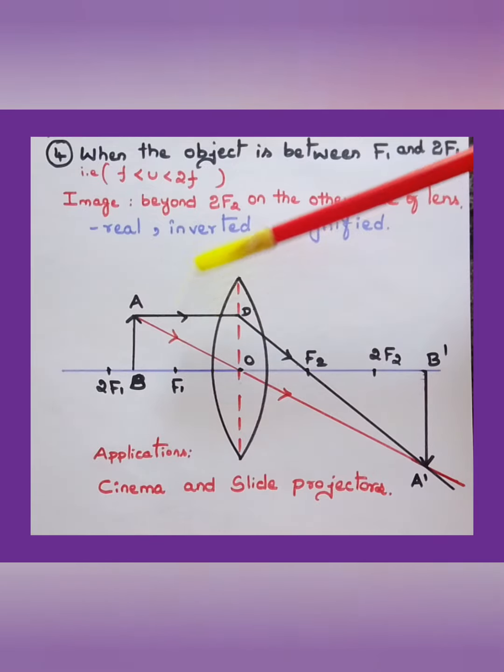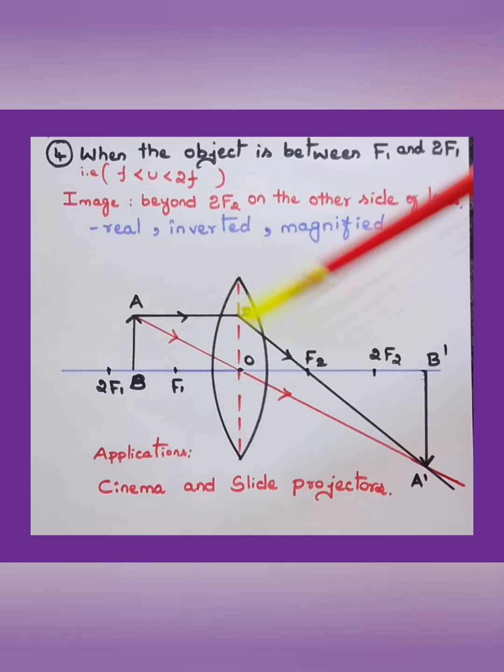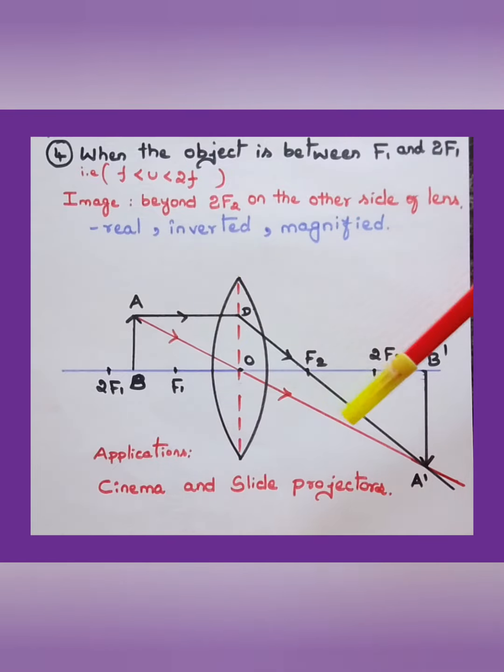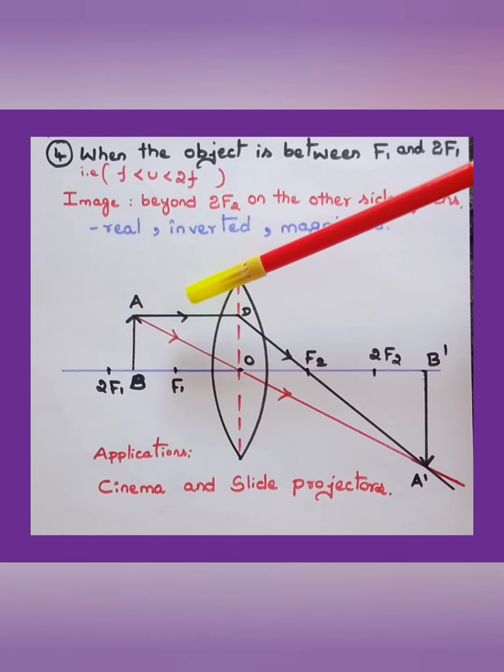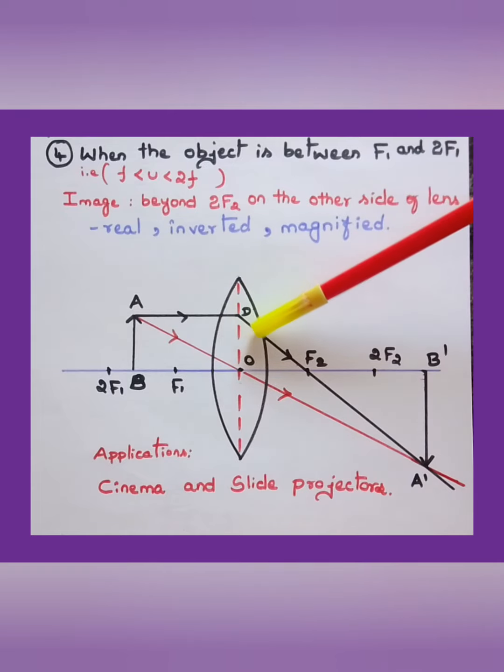Here f is, and we shall draw the base diagram first, then one line from the object which is passing through the optical center, then the next line, here it is marked with black, which has to pass parallel to the principal axis, then it has to pass through the focus point, and where they both intersect, there you draw the image.